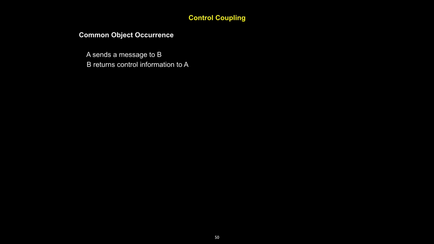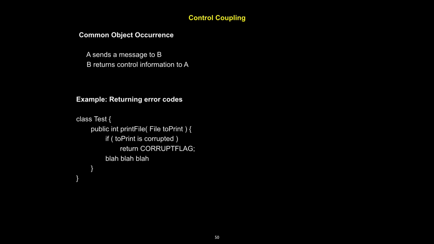But we also get control happening in the other way, right? A method or function returns a value, and then we decide what to do based on that. And this is in C. This happens all the time, right? What do you do in C?